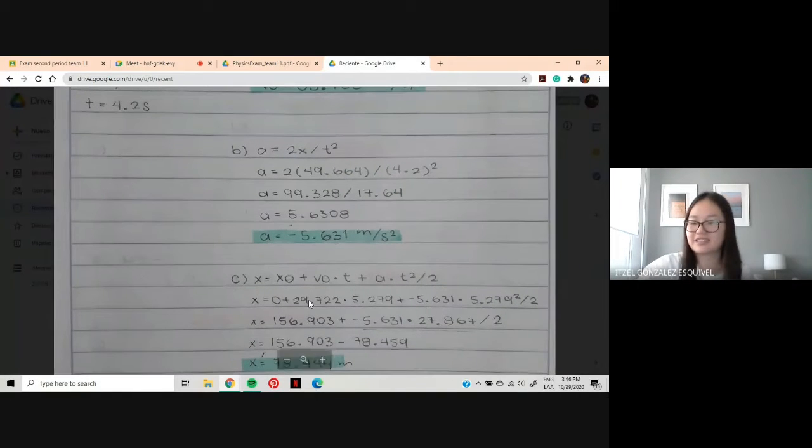In this next part, we need to find the acceleration in meters per second squared. The formula that we use is acceleration equals 2 times x divided by time squared. When we substitute, acceleration is equal to 2 times 49.664, which is our position, or distance, divided by 4.2 squared. 49.664 times 2 is 99.328, divided by 4.2 squared, which is 17.64.